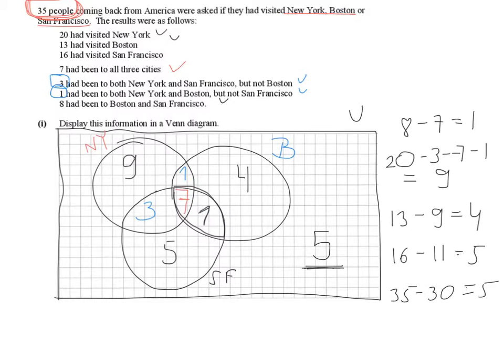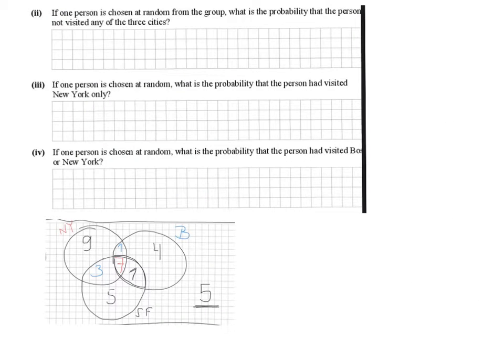And now we need to go to part B, answering the questions. Okay, so look at our Venn diagram. We have it just in here. And the first question is, if one person is chosen, what is the probability that the person has not visited any of the 3 cities, okay? Any of them.